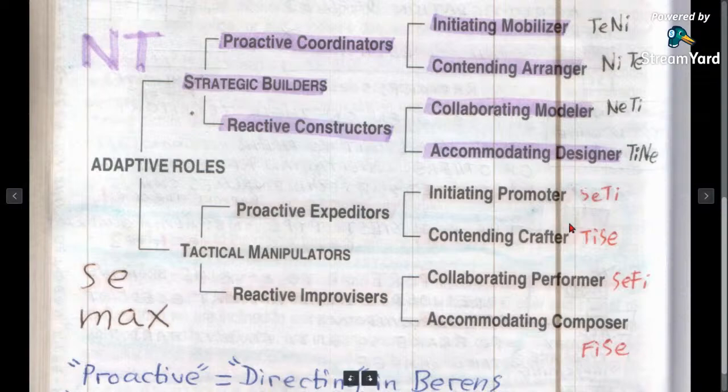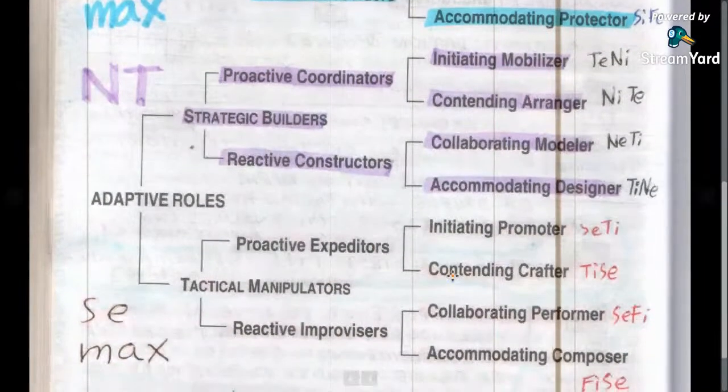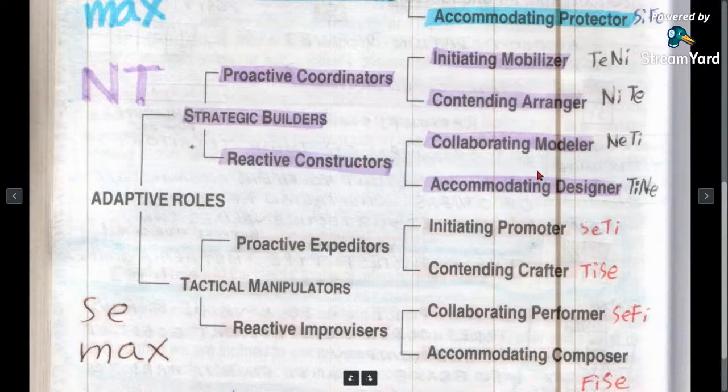And then I've done TI again, expediting versus TI constructor, TI with NE. But also sometimes it's the other NT function. So for instance, the ENTP, when they are inventing, creating a prototype, well, you've got TE involved.